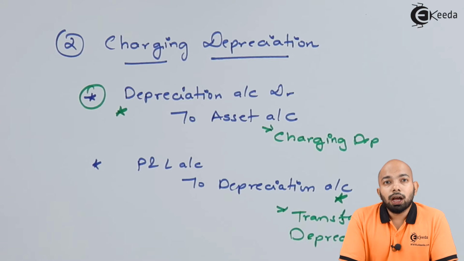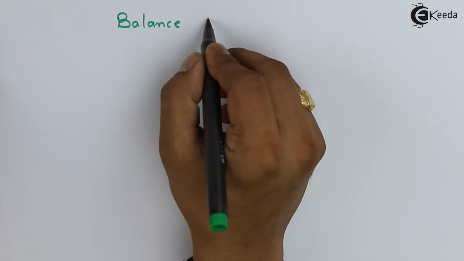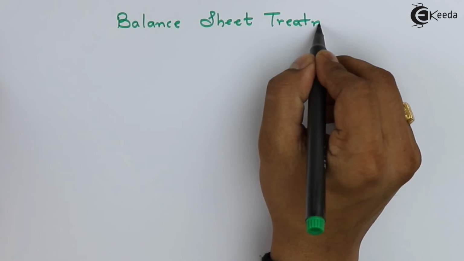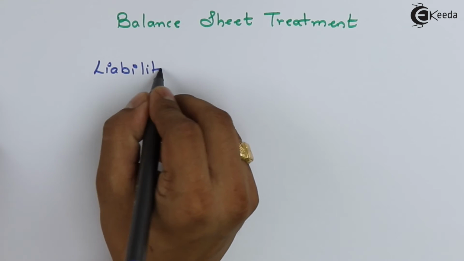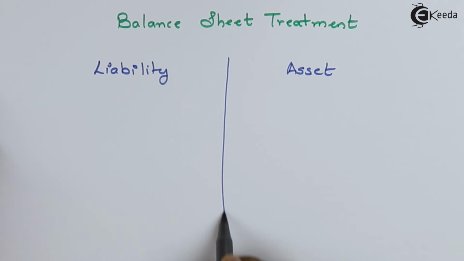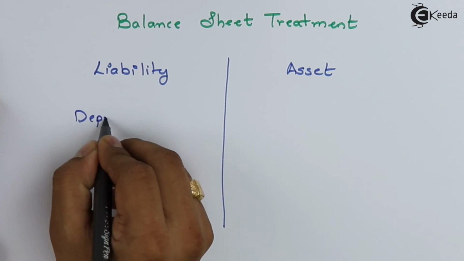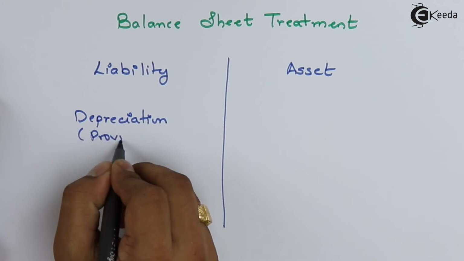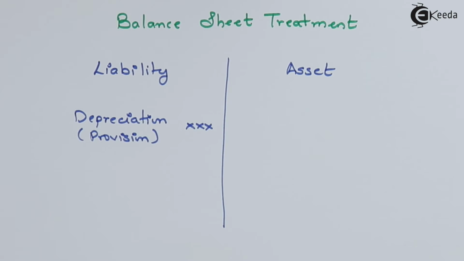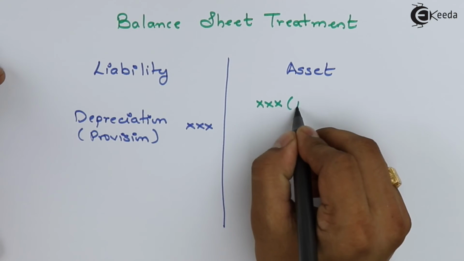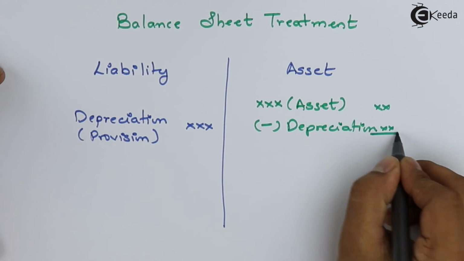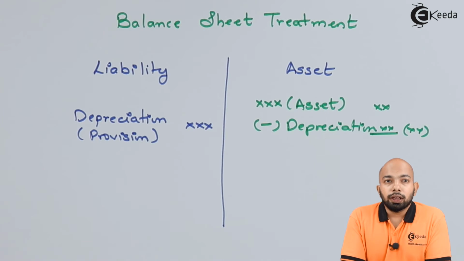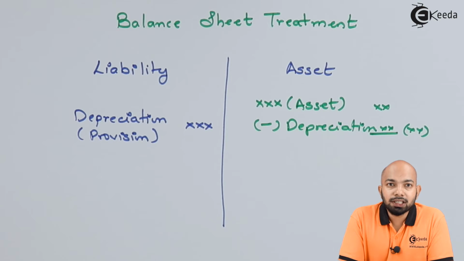Now let's go ahead and figure out how a balance sheet will have the effect of these specific transactions. If you see, I have mentioned certain things in this sheet.